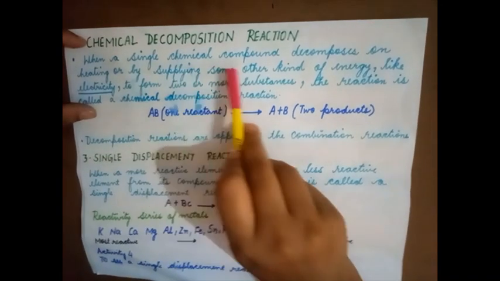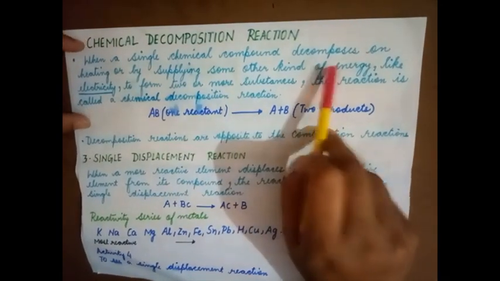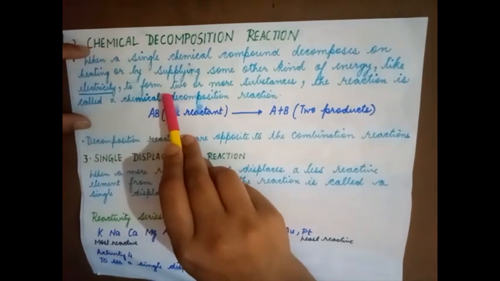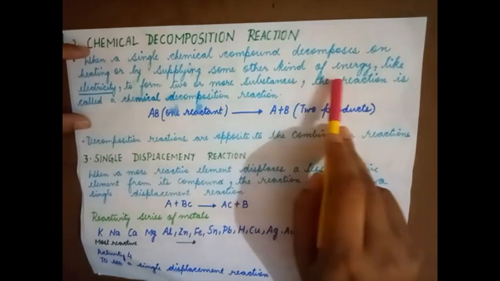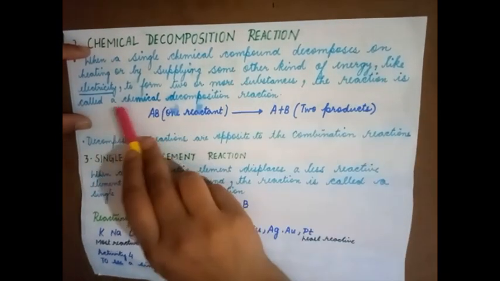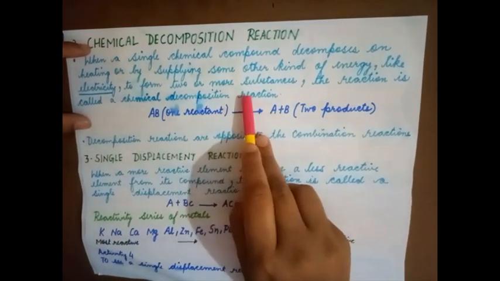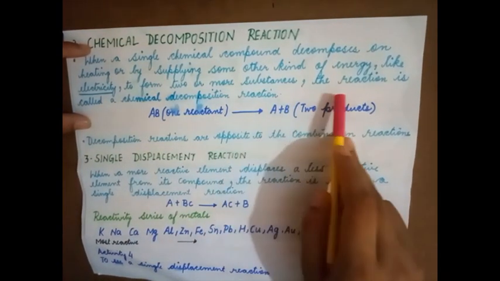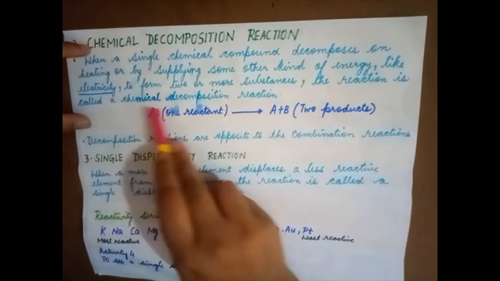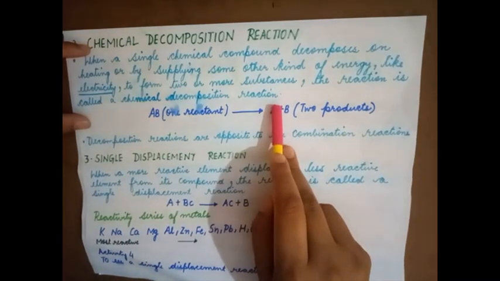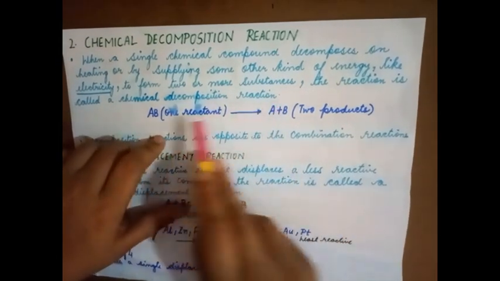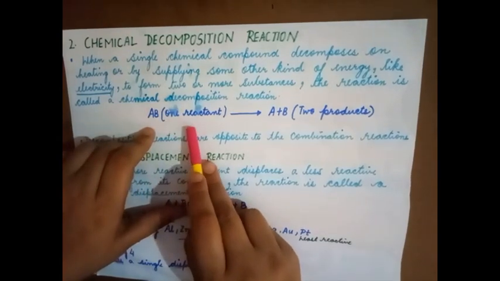When a single chemical compound decomposes on heating or by supplying some other kind of energy like electricity to form two or more substances, the reaction is called a chemical decomposition reaction. Now, AB is the reactant.